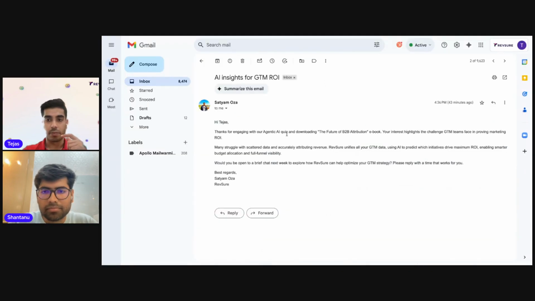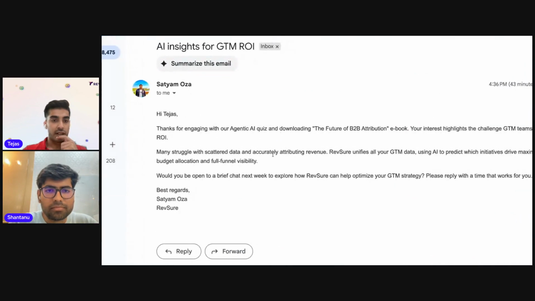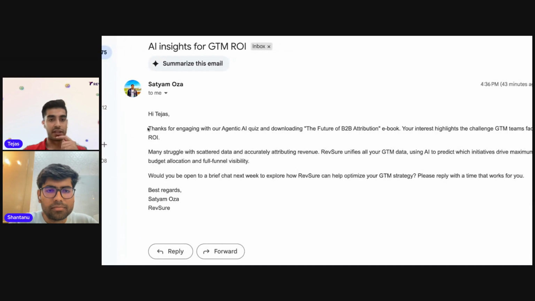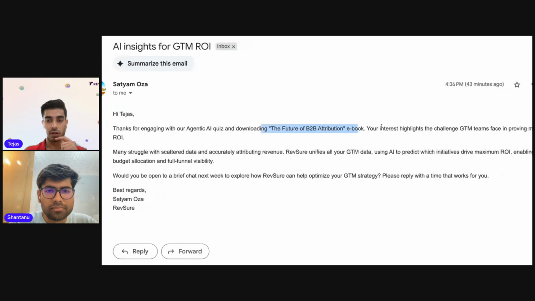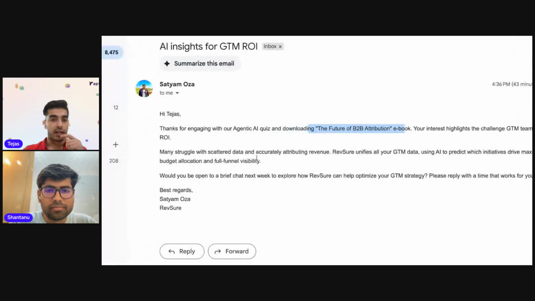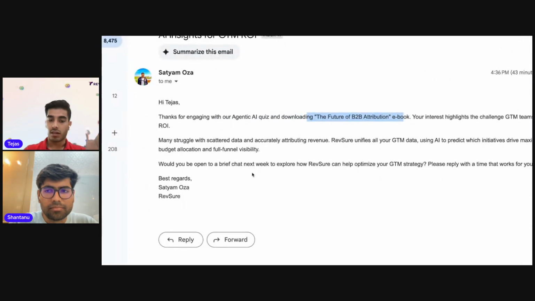So here's an example of an email that's come in. You can see here that it's understood that I've engaged with the agentic AI quiz, and I've downloaded the future attribution ebook. And then it's also suggested a next best time for me to get on a demo.